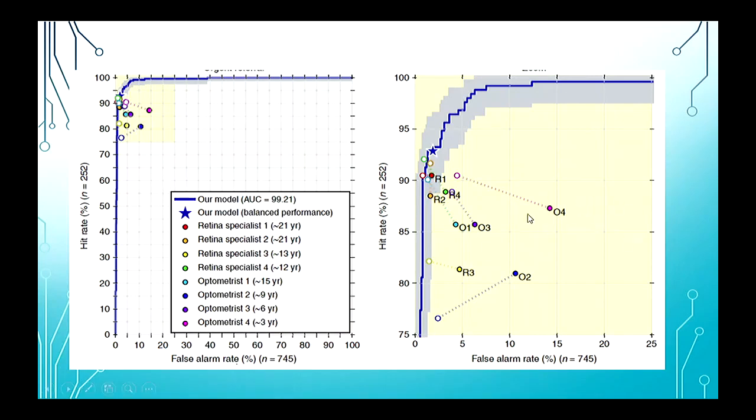The right-hand side is the zoom in of this part of the plot. If you pay attention, the network, which is in blue, outperforms 6 of these guys, which means out of the 8 humans, the AI can beat 6 of them. The only 2 people that are better than AI are the 2 top ophthalmologists.